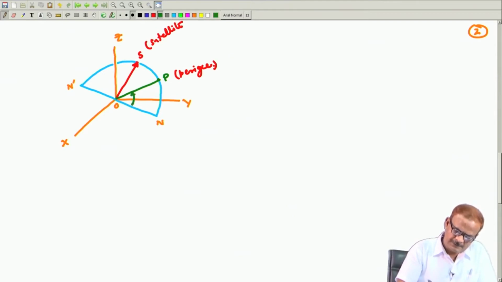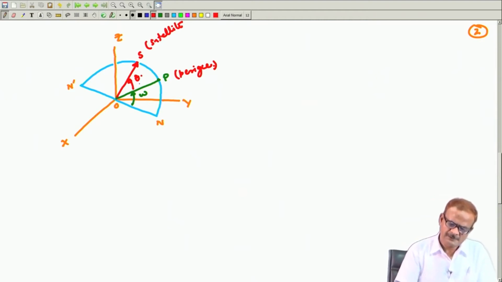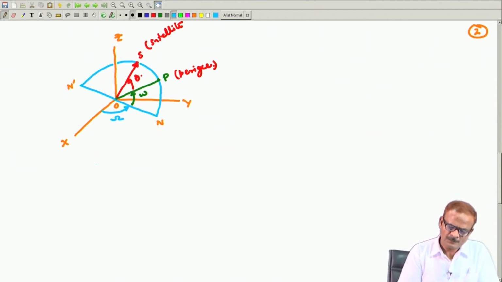This angle we have written as small omega, and this angle as theta. So, small omega is the argument of perigee and theta is the true anomaly, already we have written, and then this angle we have shown as capital omega, which is the nodal angle, and then the inclination of this orbit with the xy plane.